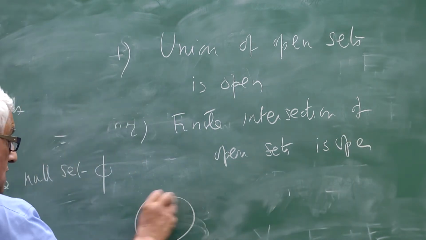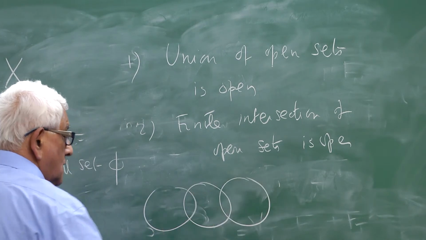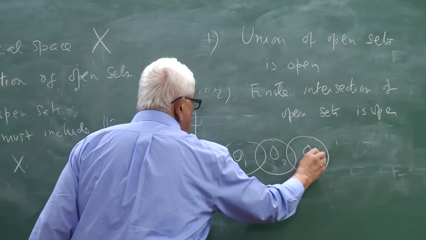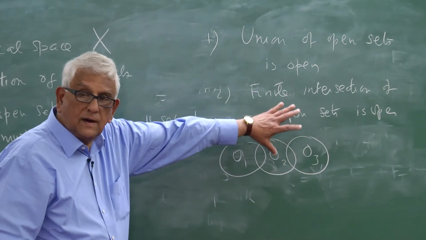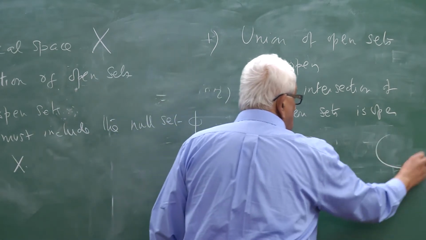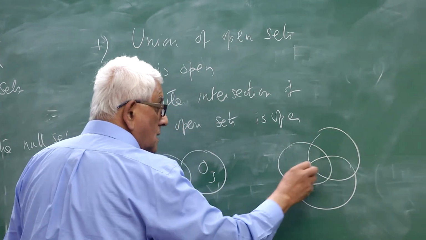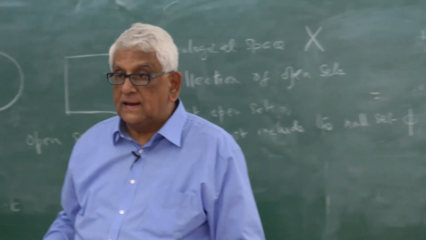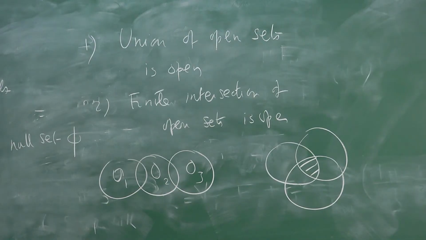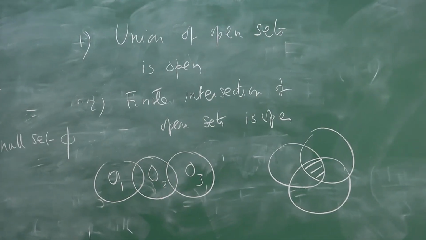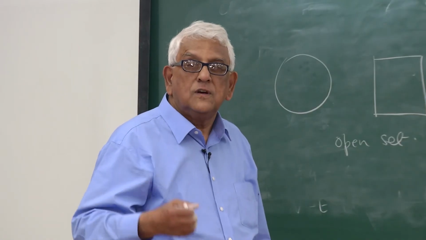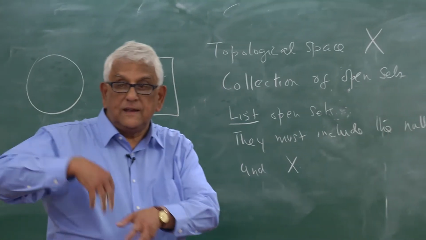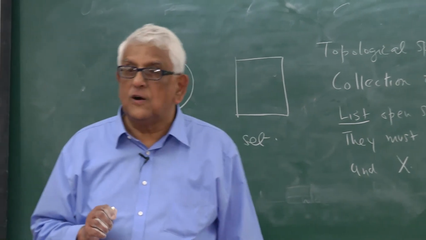So, if here are the sets O1, O2, O3, and I take the union, they are this, and if I take the intersection, that is the intersection, and that is also in the collection, but it is a finite intersection. So, this structure gives you the notion of a topological space. A topological space has building blocks which are invariant under continuous deformations.